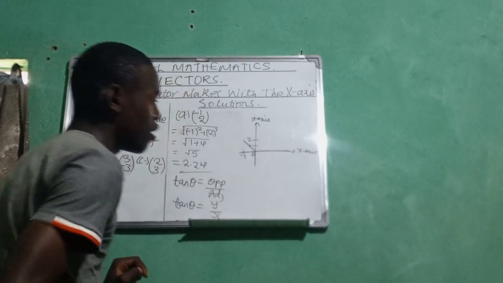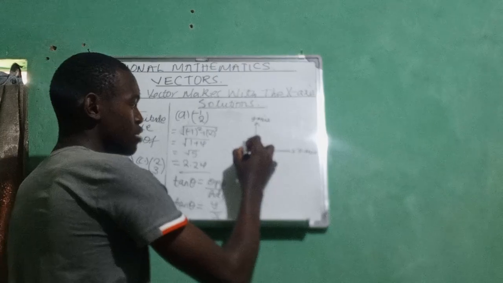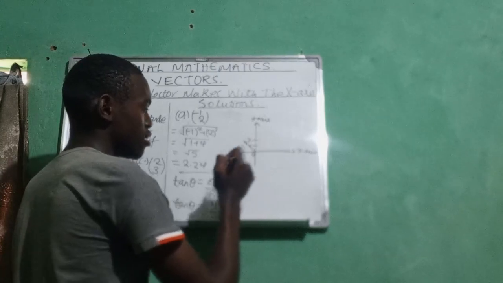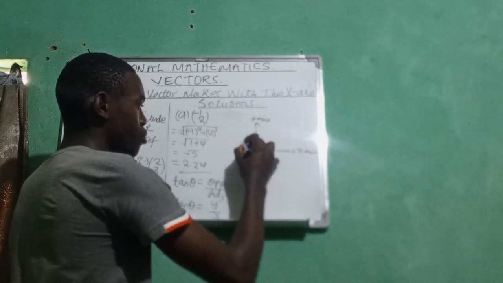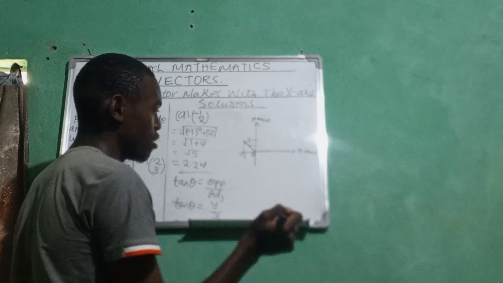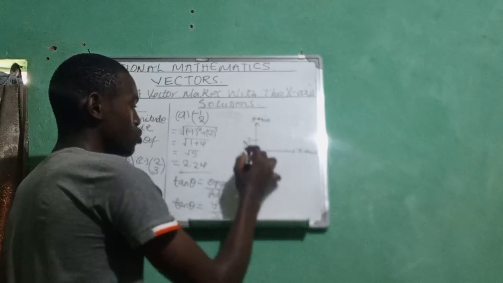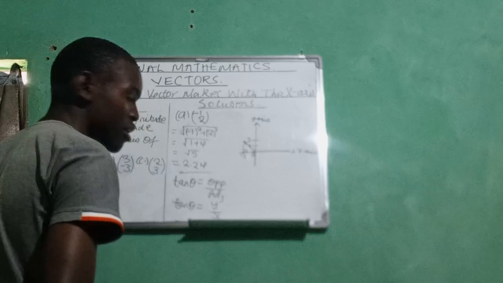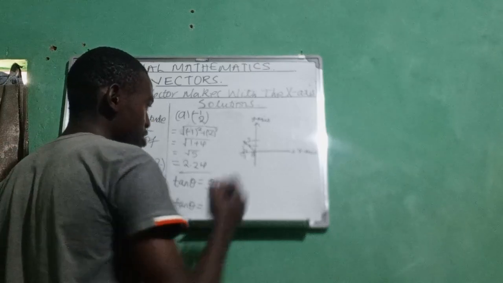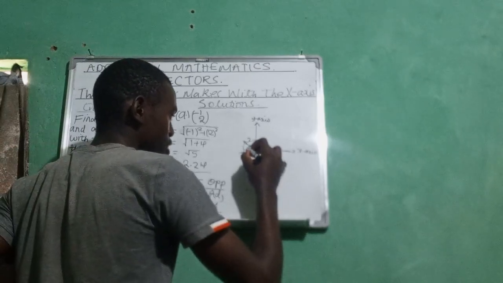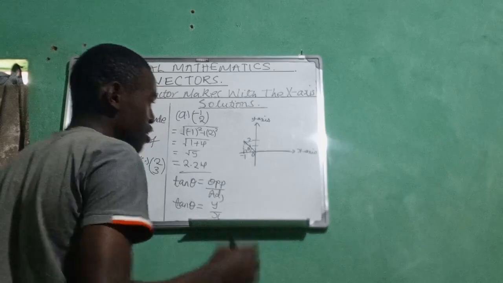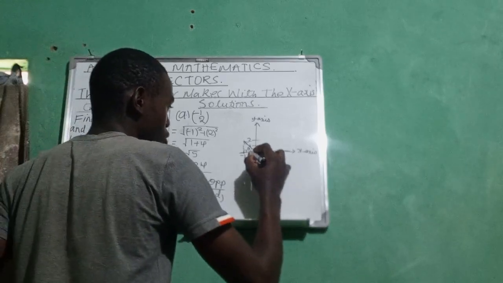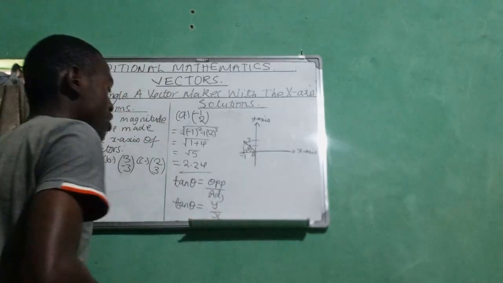So this is at 2, that's what the vector is. Then if you go down, it's going to -1. So (-1, 2) forms a right-angled triangle with the x-axis. And then theta is here. This is your theta, the angle made with the x-axis.